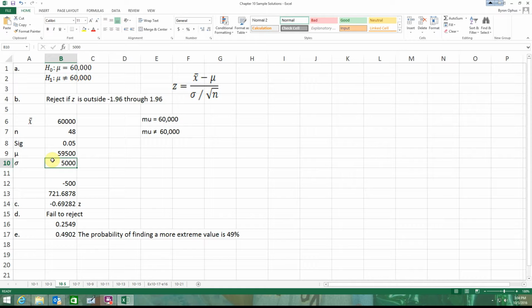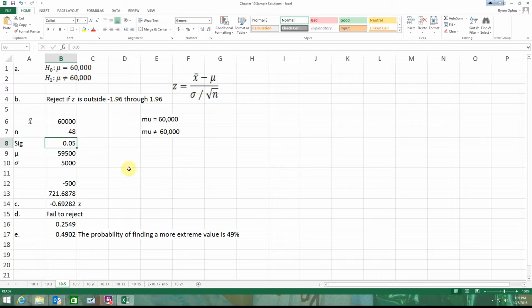Crosset Truck Company bought 48 tires, so my n is 48, and found that the mean mileage for its trucks is 59.5. So the mean of the sample in this case is 59.5. At the 0.05 significance level, is Crosset's experience different from that claimed by the manufacturer?